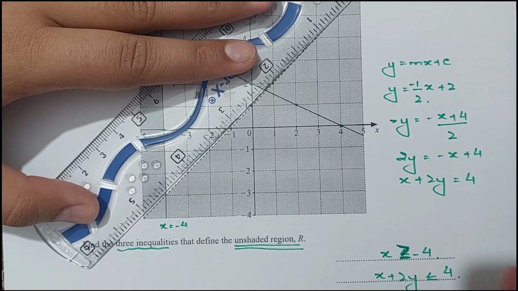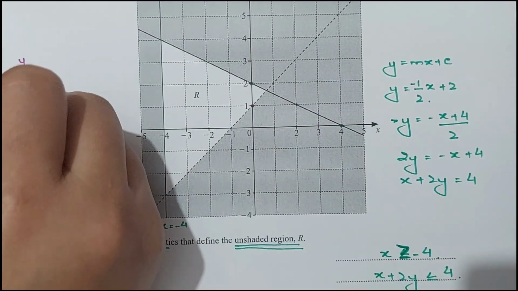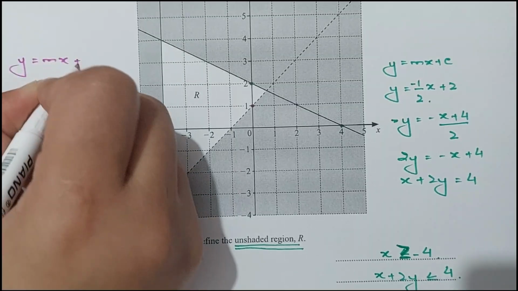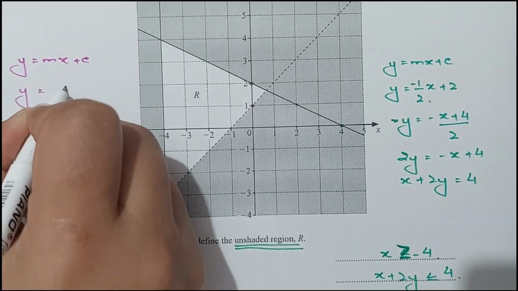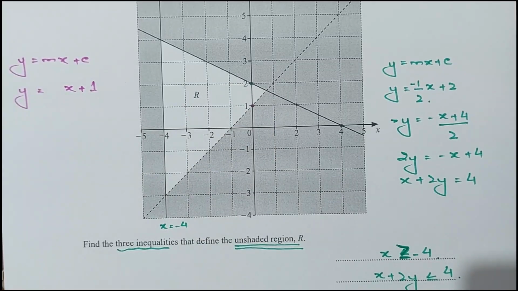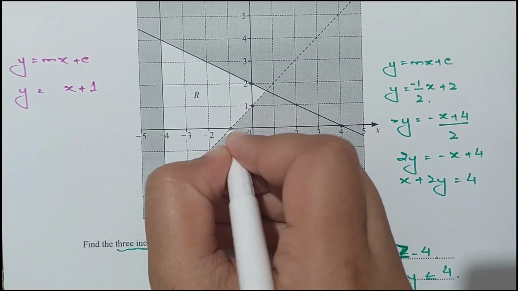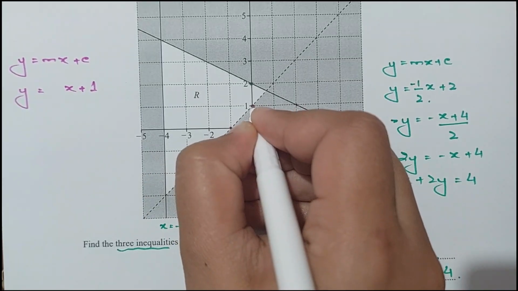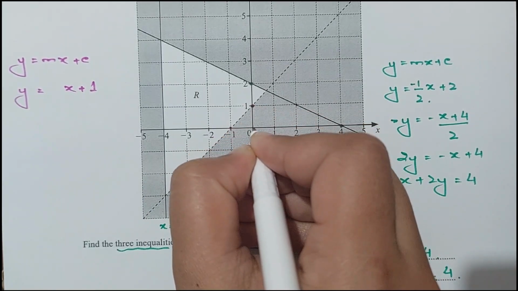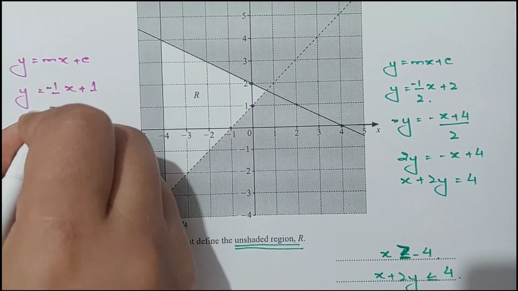Now, the third one, this is a dotted line. In the dotted line, the y-intercept is equal to 1. Again, y equals mx plus c. Y equals mx plus 1. Now let me solve for m. What is m in this case? For this dotted line, if I fix this point, from the y-intercept we have to rise 1 unit down and run 1 unit left, minus 1 over minus 1.